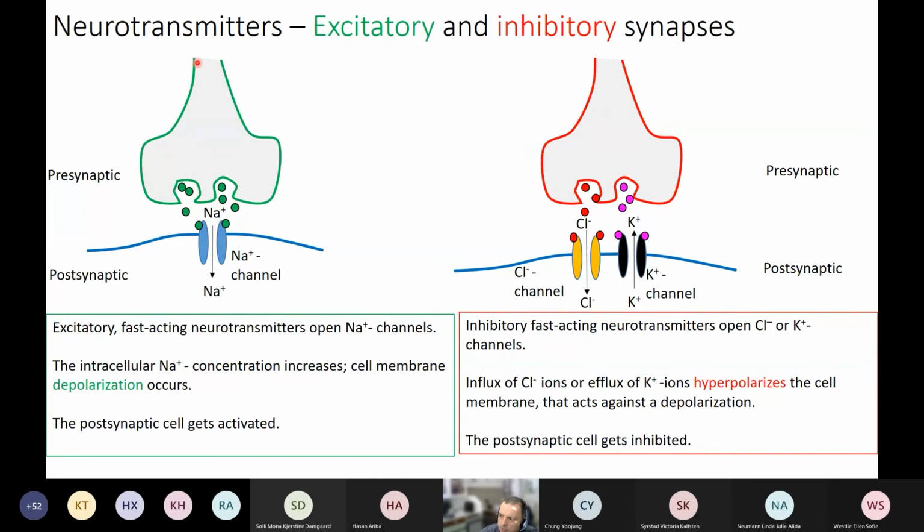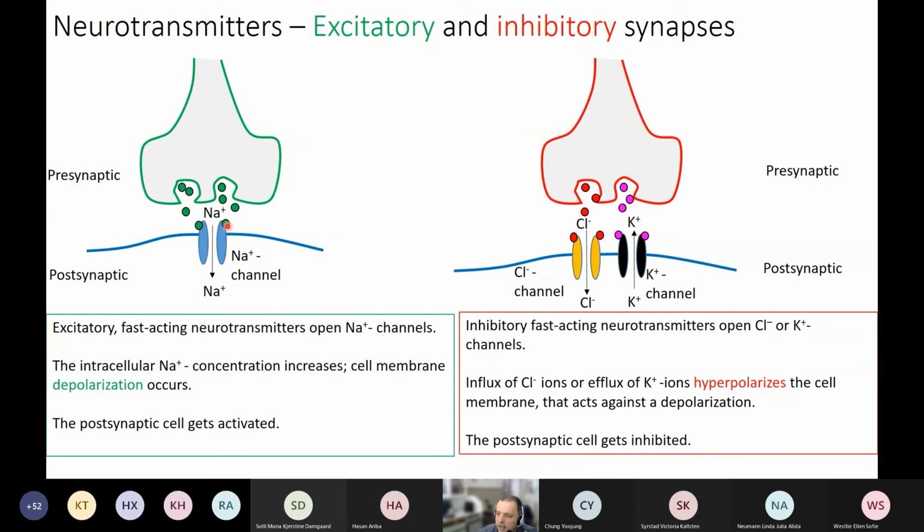Once again, presynaptic membrane or structure, postsynaptic membrane or structure. From the presynaptic terminal, the neurotransmitter is released. It binds to the ion channels, which carry the receptors, which are the neurotransmitter receptors.